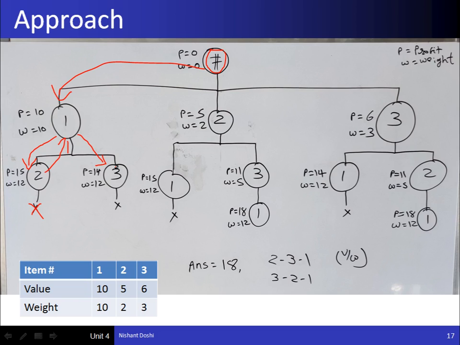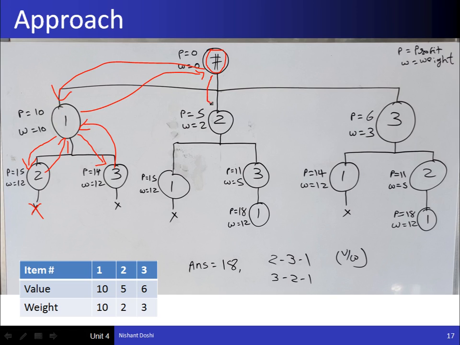So from the third item, if I take 2 kg of weight, then my profit will also be reduced. So in place of 6, I will get 4. So profit will be 14, weight will be 12. Now again my bag is full. Well, I don't have to go into more depth. Again I will backtrack, and I will check whether I have any other child available. Yes, one is explored.